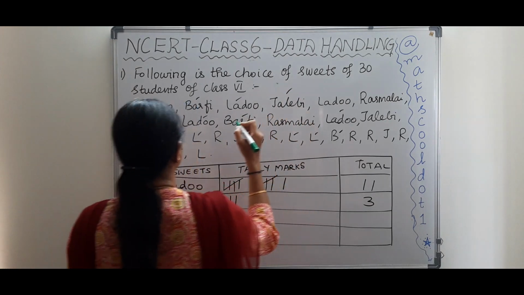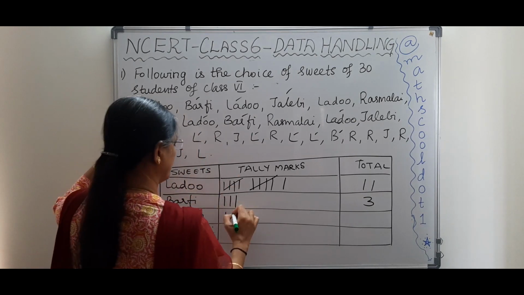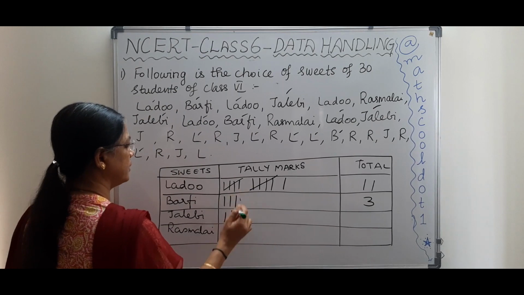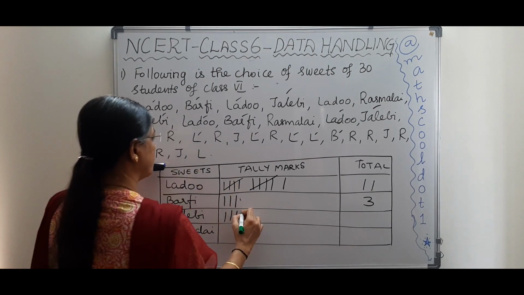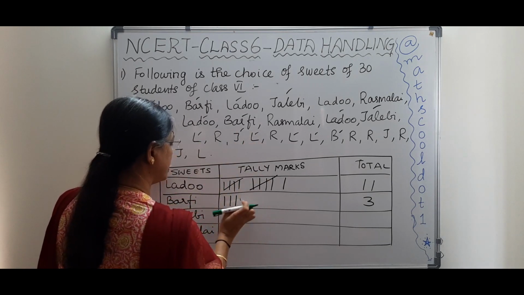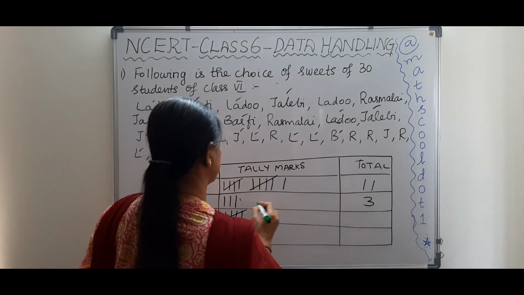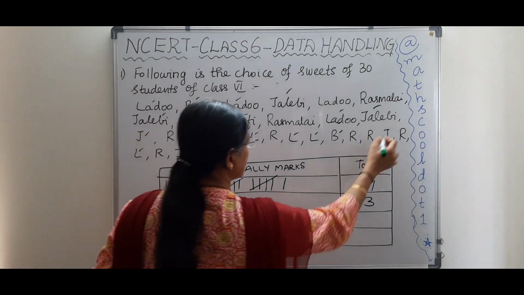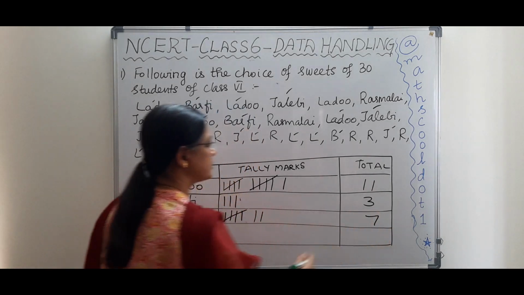Now 1, 2, 3, 4. For 5, I need to put a cross here. Please don't forget. Next, 6, then 7. So how many likes are there for jalebi? There are 7 likes.